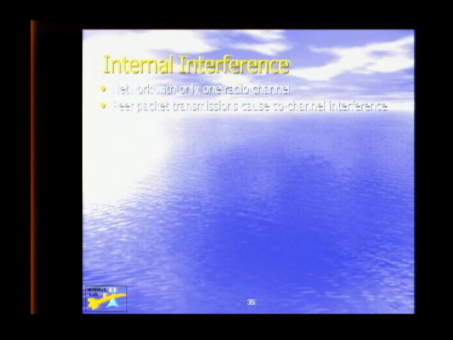So first of all, we look at the system as an entity that carries flows. And in every flow, you have interference between transmissions that belong to the same flow, which we call intraflow interference, and interference between different flows in the network, which we call interflow interference.